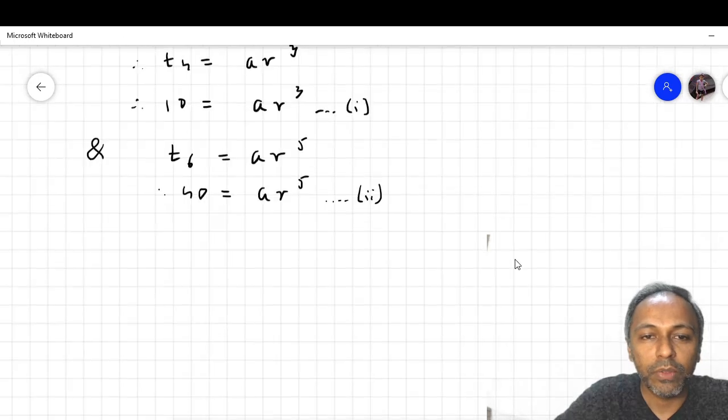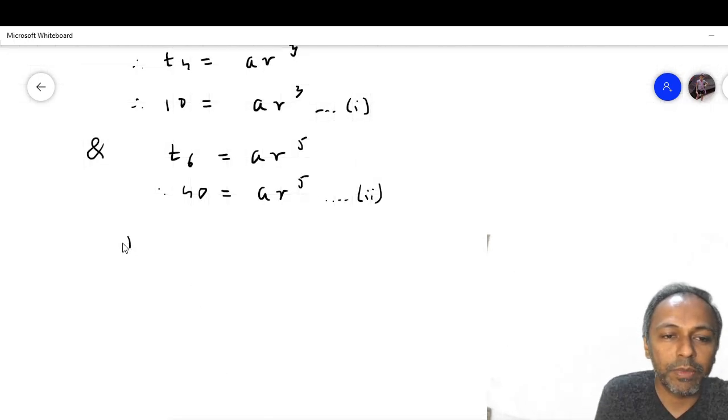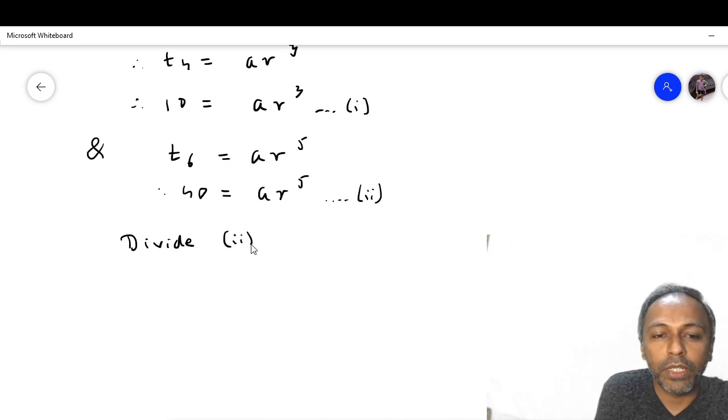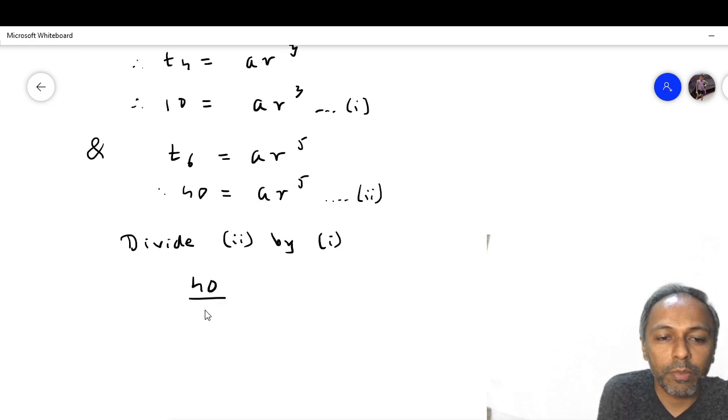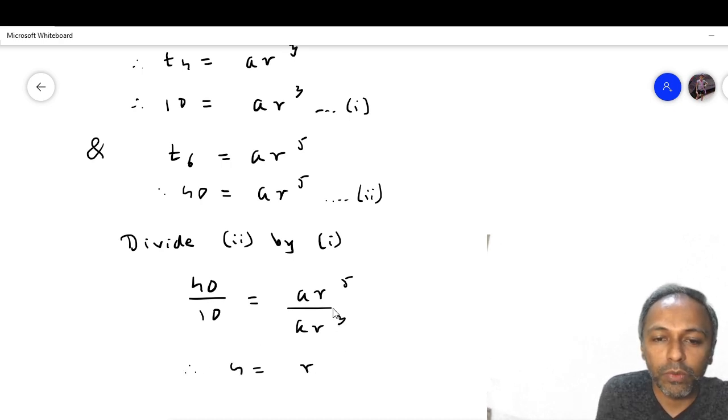Let us divide both the equations as we did before. This time let us divide 2 by 1. So we get 40 upon 10 is equal to AR raised to 5 upon AR cube. Therefore 4 is equal to, you can verify, A getting cancelled.